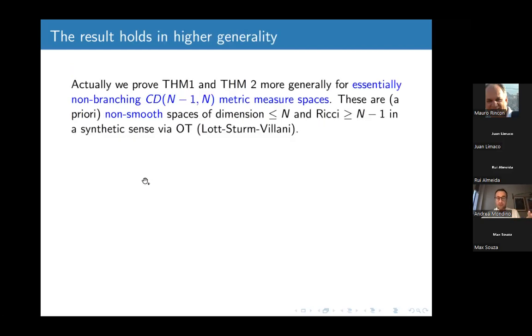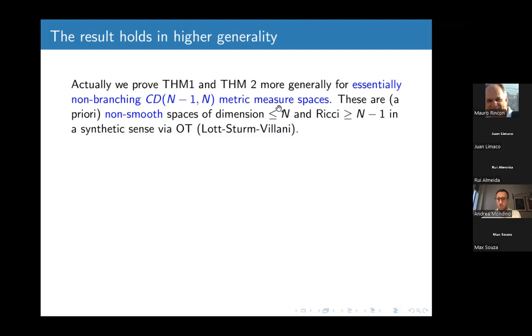Okay, I stated them for smooth Riemannian manifolds with Ricci bounded below by n-1, but actually we proved both results much more generally for possibly non-smooth spaces with lower bound on the Ricci curvature. These are the so-called CD spaces by Lott, Sturm, Villani.